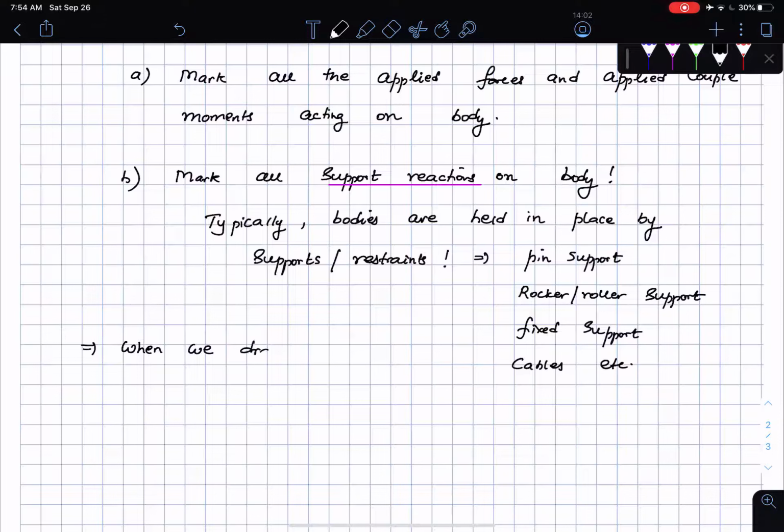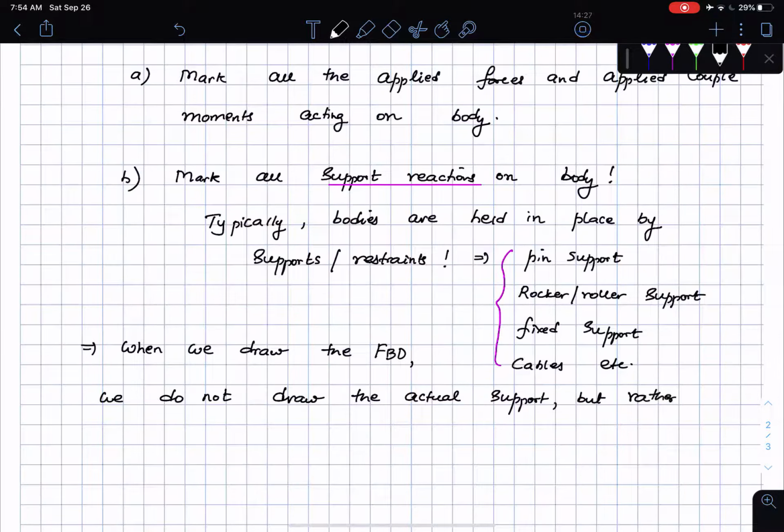So when we draw the FBD, we do not draw the actual support, but rather we draw the effect of such a support on the body.